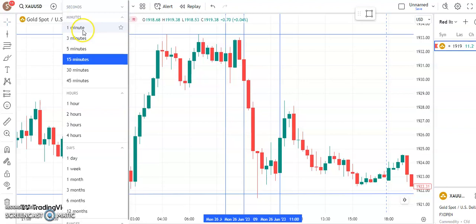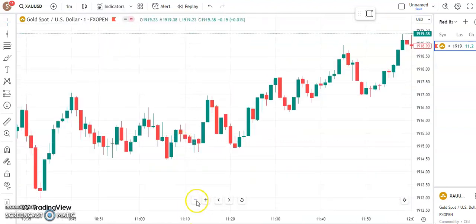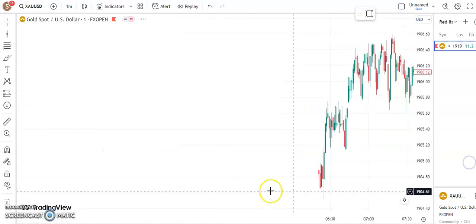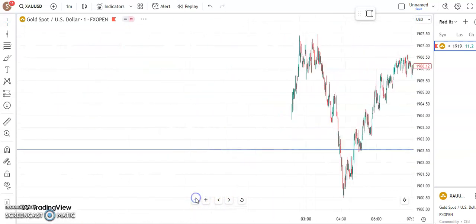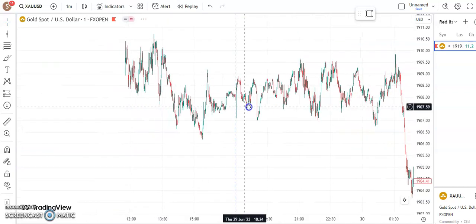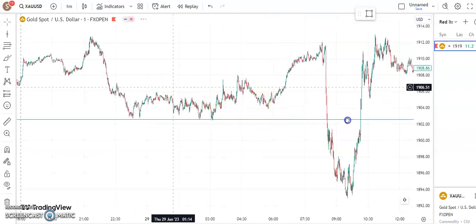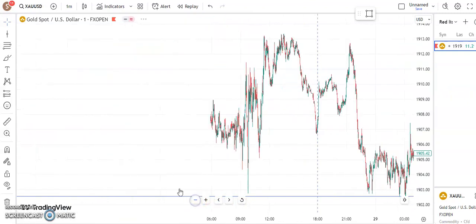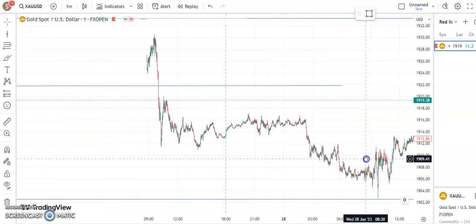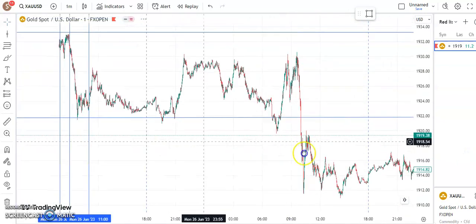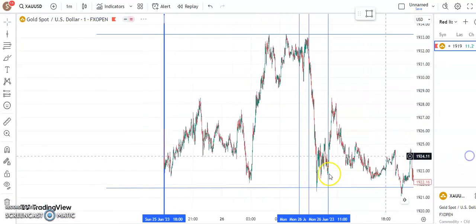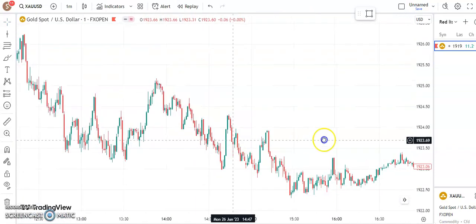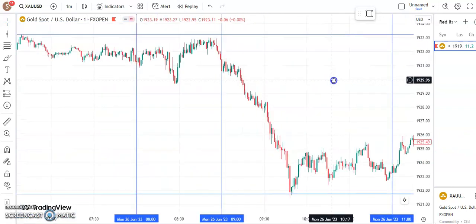Now we can go to the 1 minute time frame and look at what the second hour did, because that is where we take most of our trades. What did the second hour do? This is what we are looking for.